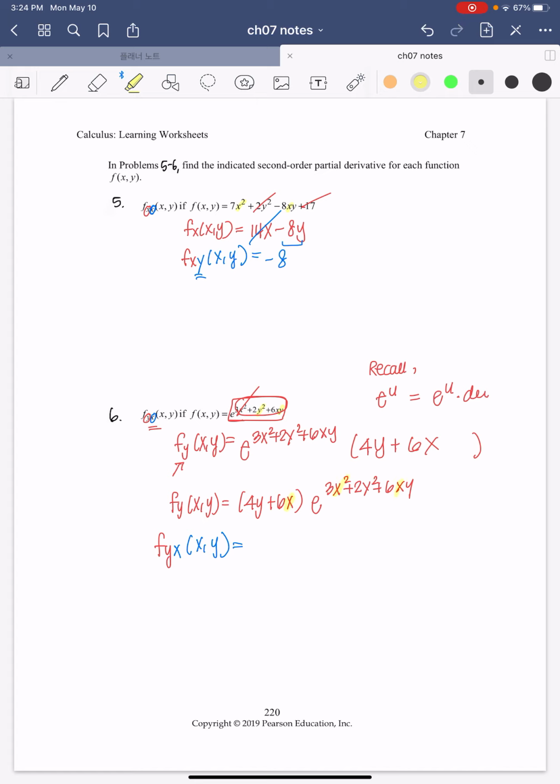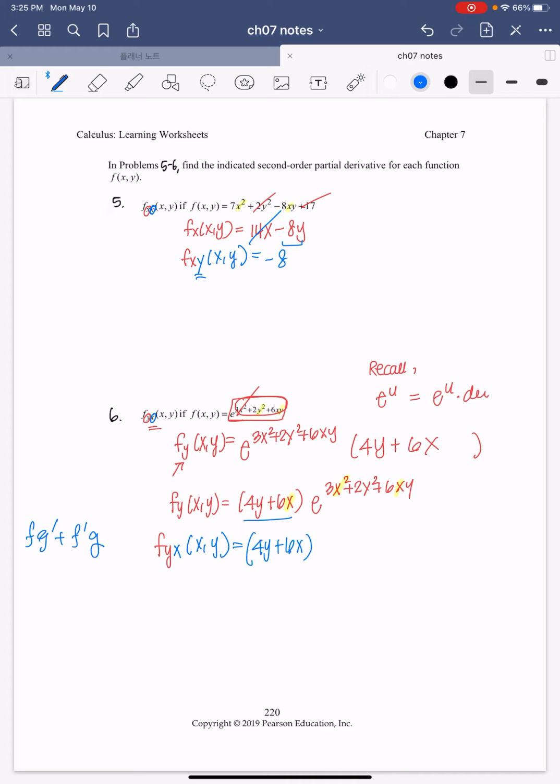Okay. Now here, notice that this is a product rule. We need the product rule because we have this function times the e function. So the product rule is f g prime plus f prime g, right? We take the derivative. So the first one stays the same, 4y plus 6x.